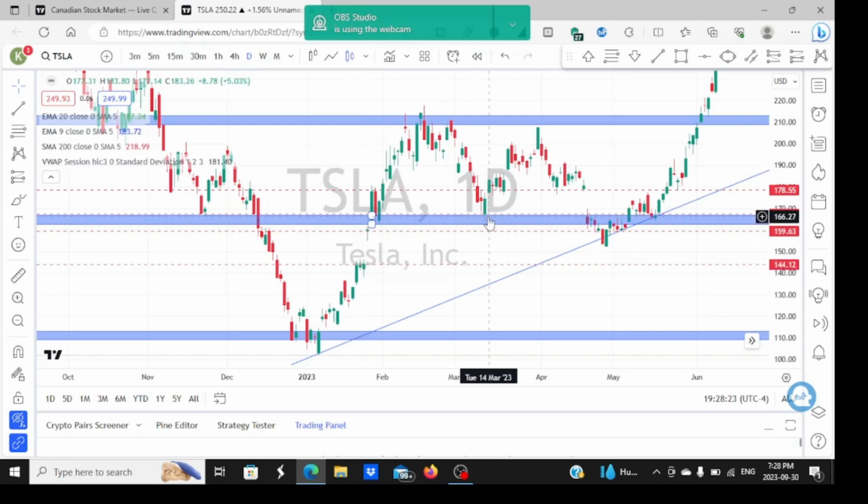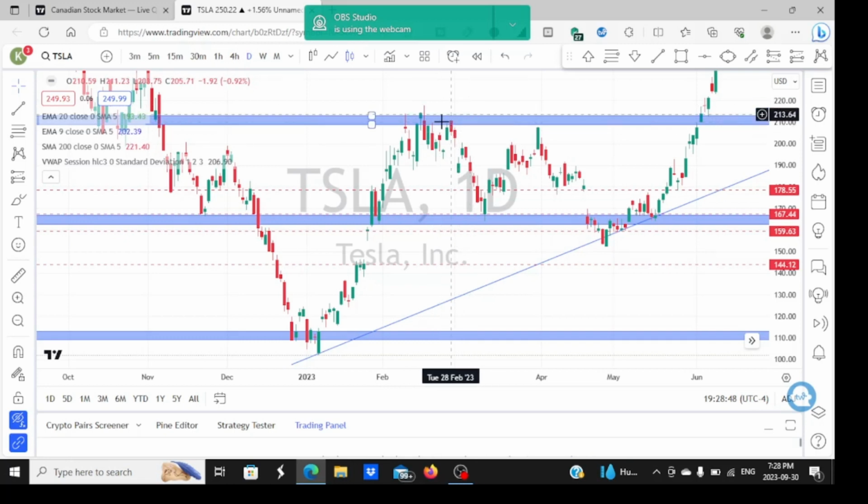And every time the stock comes back to this area, it bounces off. So here is the first move. Gap up, move all the way up from one support region to a daily resistance region.